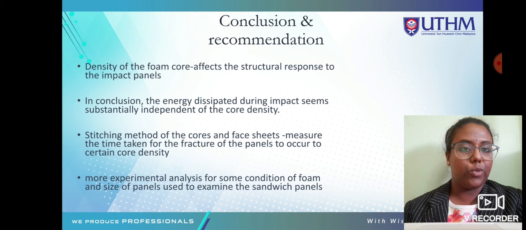It is to measure the time taken for the fracture of the panels to occur at certain core density. The second recommendation is to do more experimental analysis for some conditions of form and size of the panel used to examine the sandwich panel.